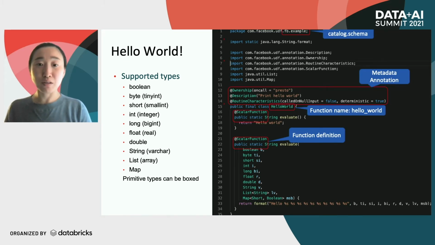In addition to these, we also added some annotations for data management, for example, ownership and description. So it will be easier to find who is maintaining the function and to give users a better understanding of what the function does. And there's also routine characteristics, which is used by the engine to decide on call conventions, determinism, etc.